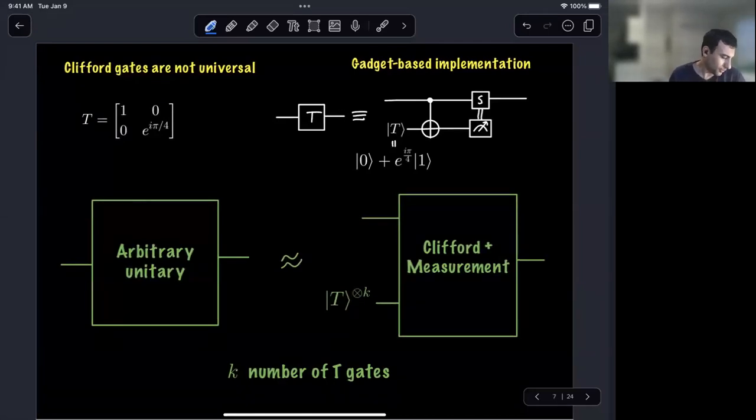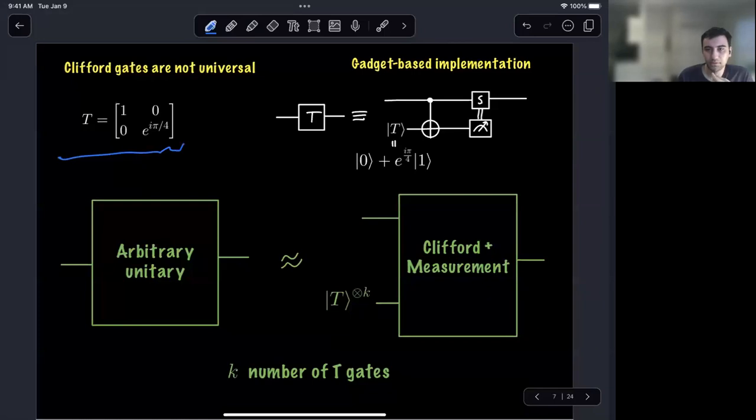Okay, so far we have seen that quantum computers work with Clifford and T gates, and if you have only Clifford gates, you can simulate it with a classical algorithm. So in some sense, the power of quantum computers is coming from these T gates that are not in the Clifford group.